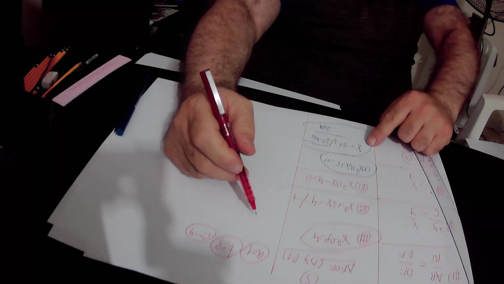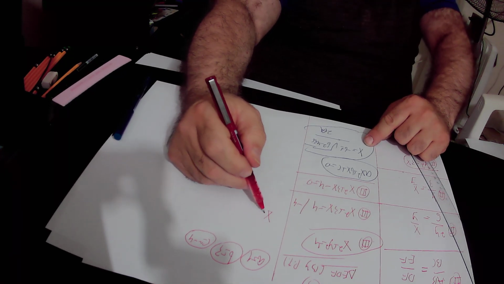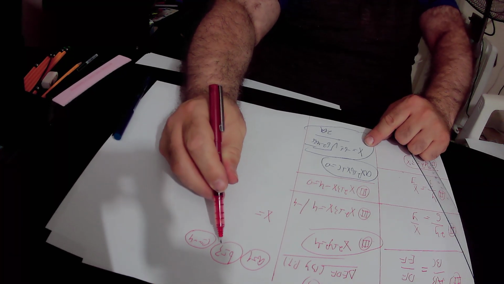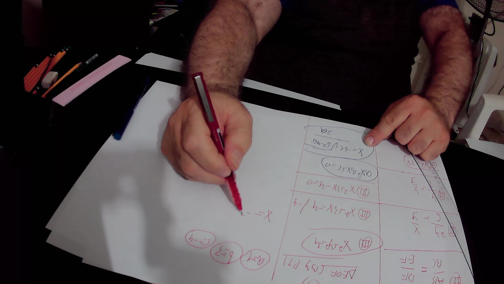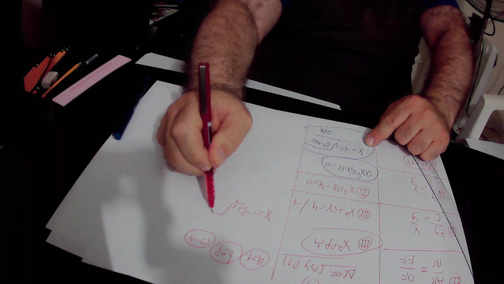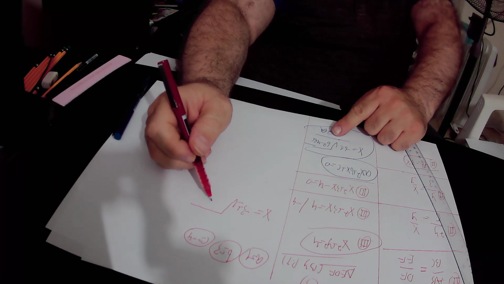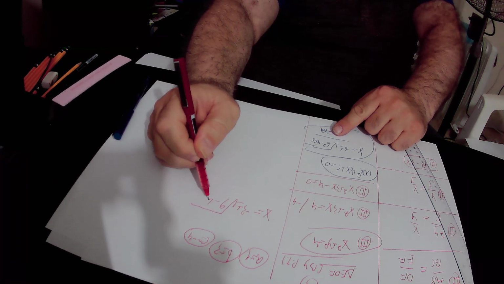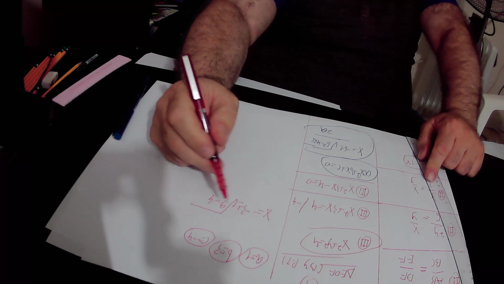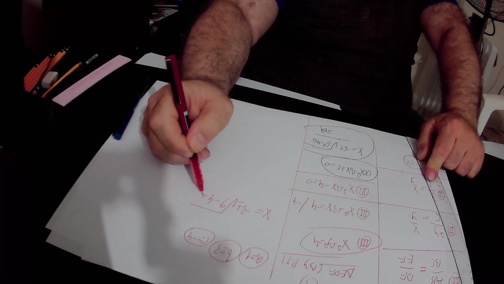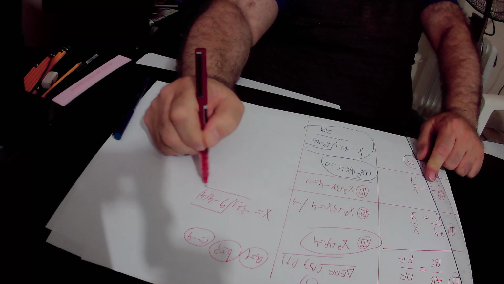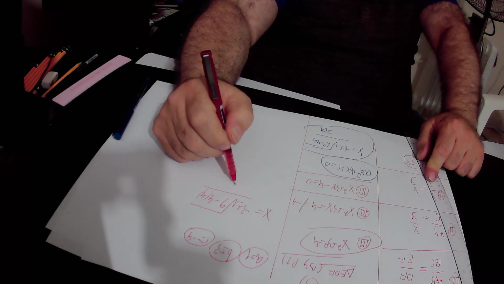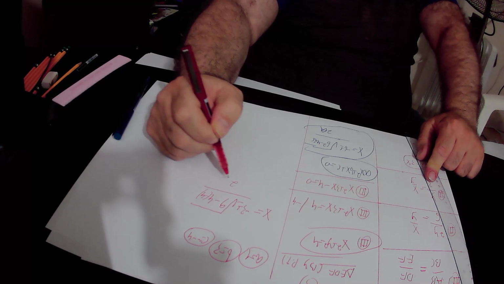According to this formula, x equals minus b, and b equals 3, so minus b is minus 3, plus minus square root of b squared. b equals 3, so b squared is 3 squared, that is 9, minus 4 times a is 1, and c is minus 4, over 2a. a is 1, so 2 times 1 is 2.